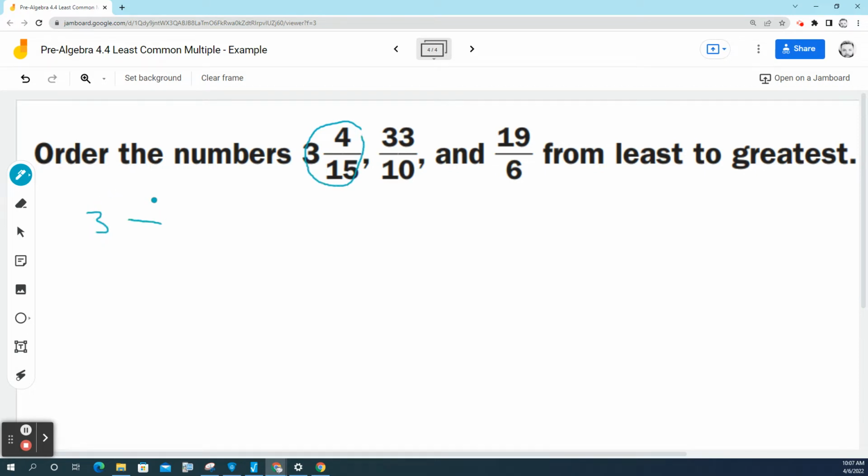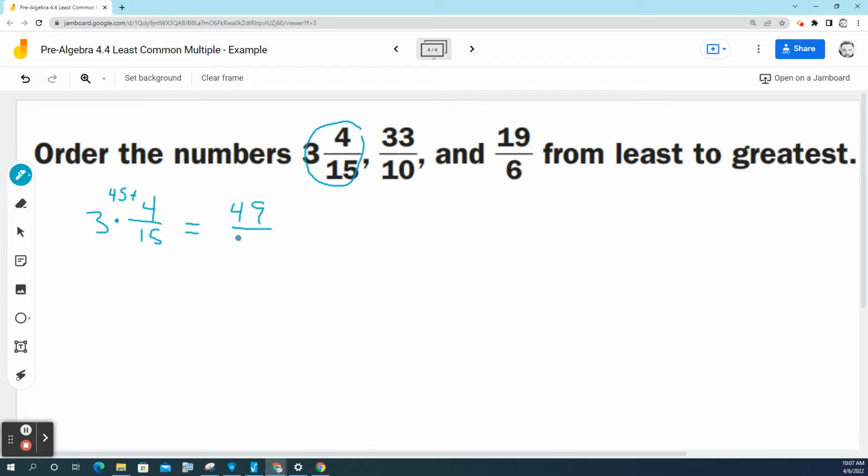I can take any mixed number and turn it into an improper fraction by multiplying the whole number by 15. So what's 15 times 3? 45. Very good. Now what is 45 plus 4? 49, right?